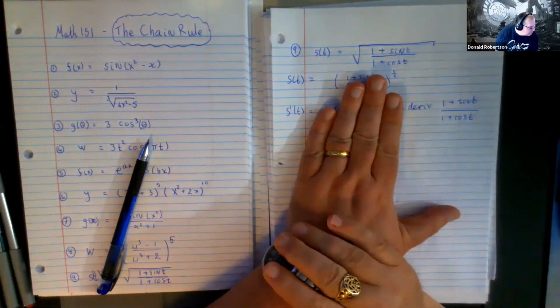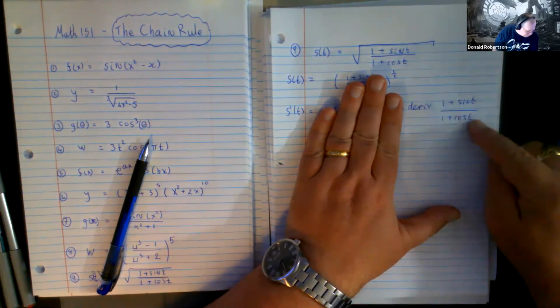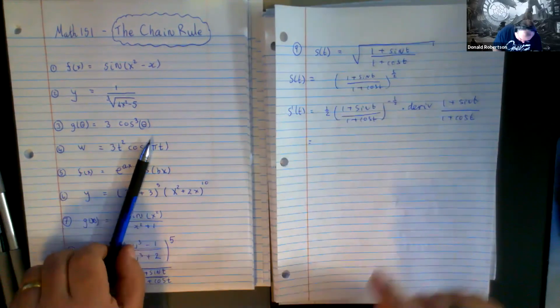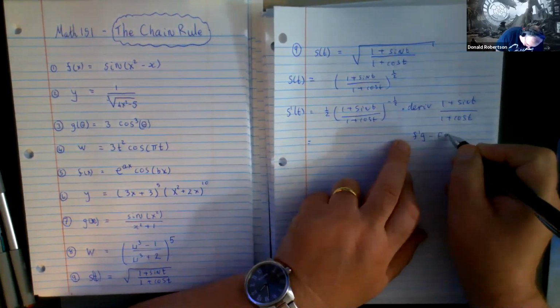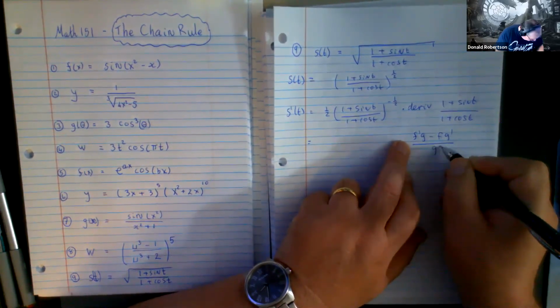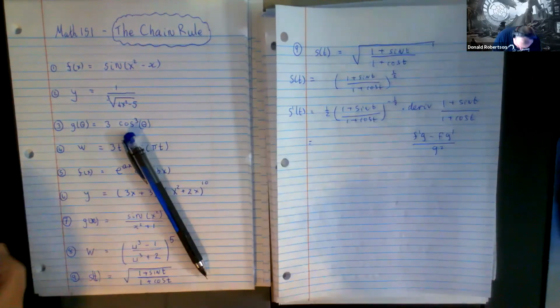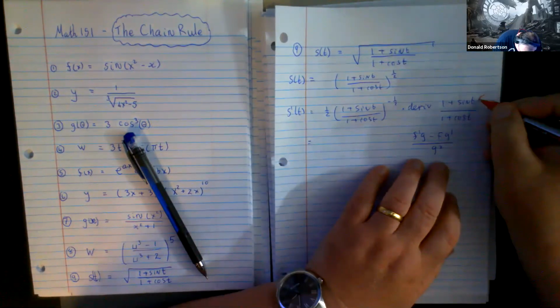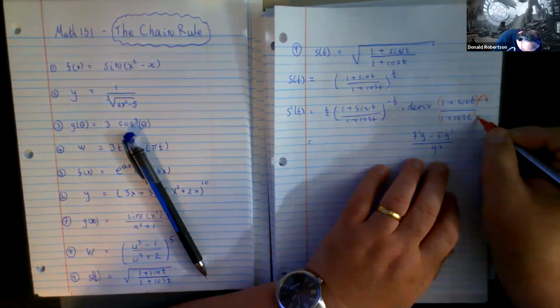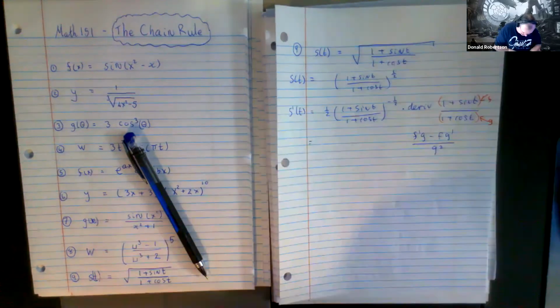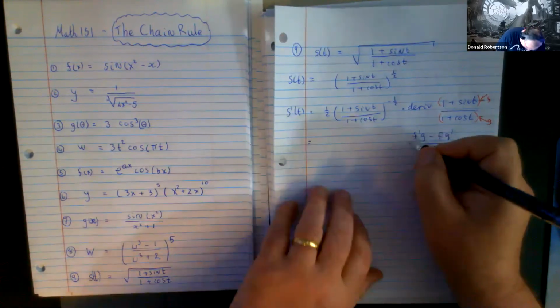Right. So I know I'm going to be doing on this side an f dash g take away f g dashed over g squared. And this fella here, the whole thing, is going to be f, and all of this is going to be the g. That's fine. So that's that bit done.